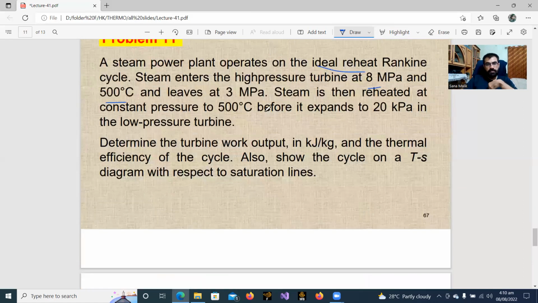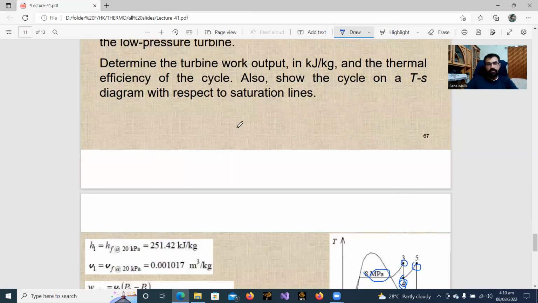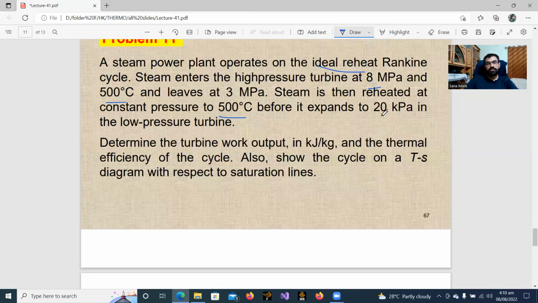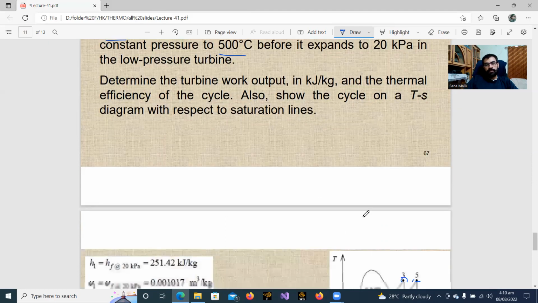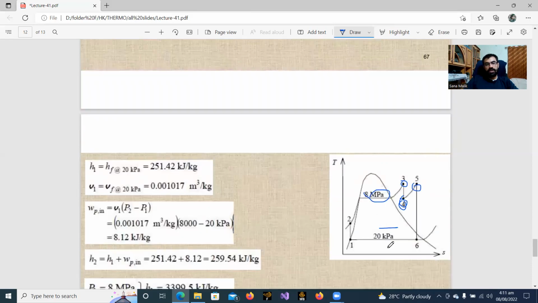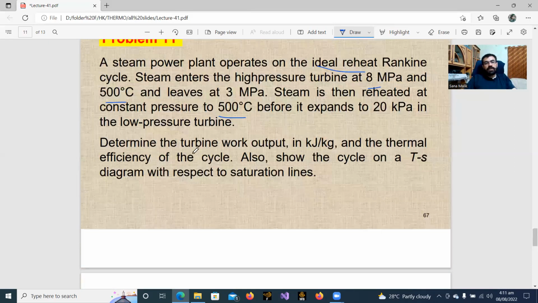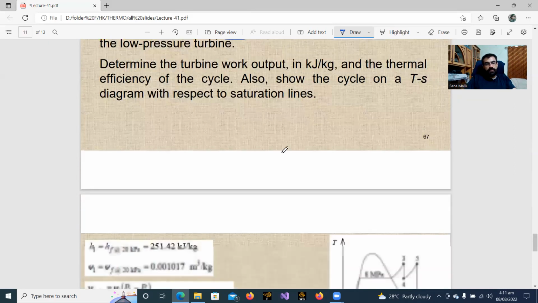Steam is then reheated at constant pressure to 500 degrees centigrade before it expands to 20 kilopascal in the low pressure turbine. So the condenser pressure is given. What we have to find is the work output and thermal efficiency of the cycle.